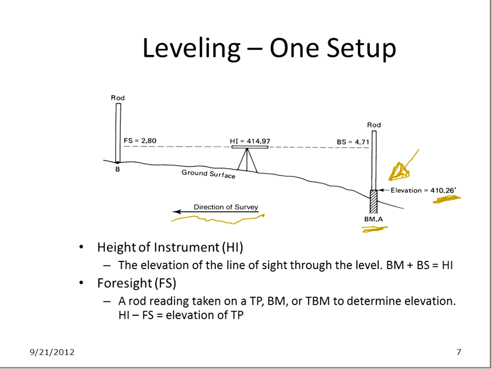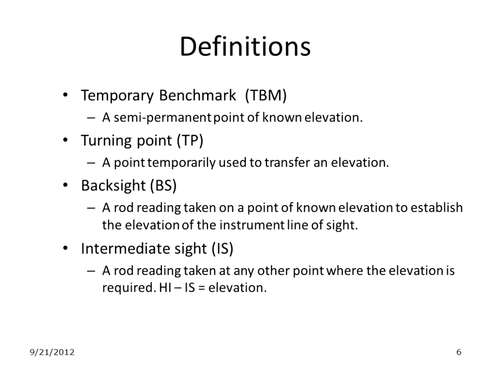We know what it is. We're going to hold our rod on our point. We're going to set up our instrument approximately halfway between our 2 points, and we're going to take what's called a back sight on our point of known elevation. Our back sight, by definition, is a rod reading taken on a point of known elevation to establish the elevation of the instrument's line of sight.